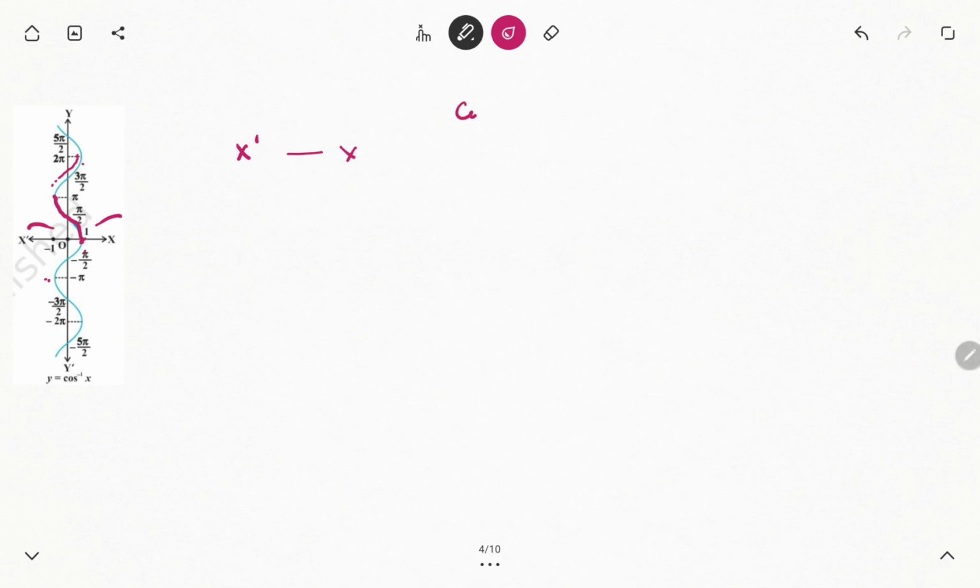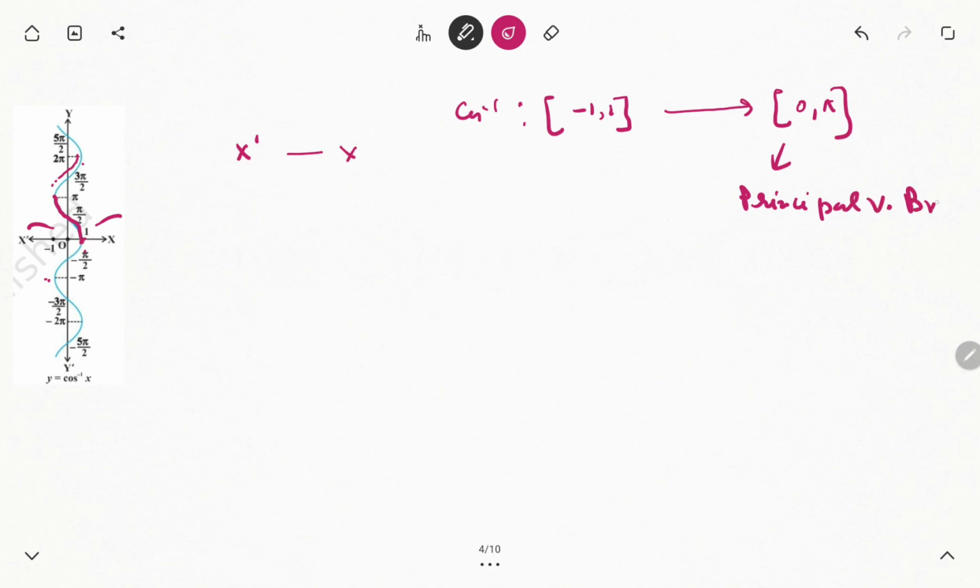So in this case, for cos inverse, your domain is closed minus 1 to 1. Endpoints are included. Now in cosec and sec you will get a different type of range. Here 0 to pi is known as the principal value branch. For other branches, you can have questions like this.